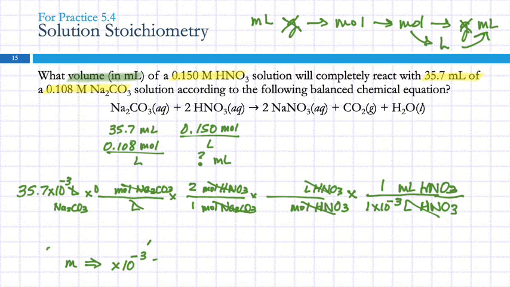So 0.108 moles per liter. And over here, the nitric acid is 0.150 moles per liter. Moles is on the bottom, and so the number goes on the bottom.